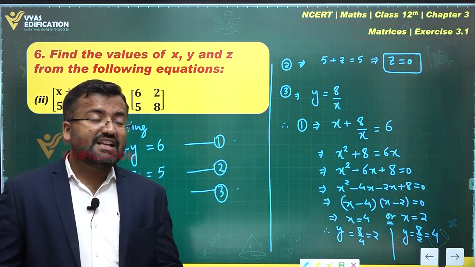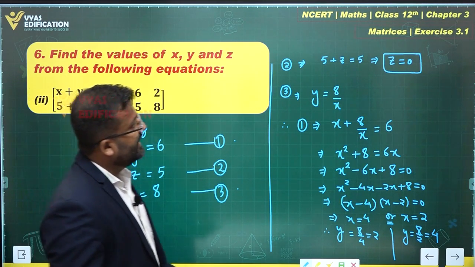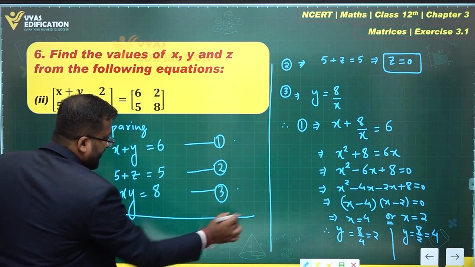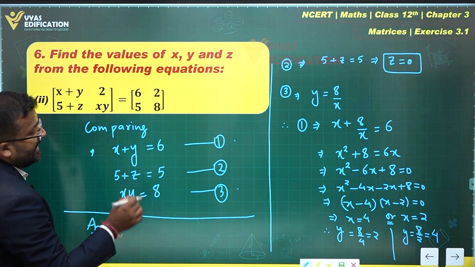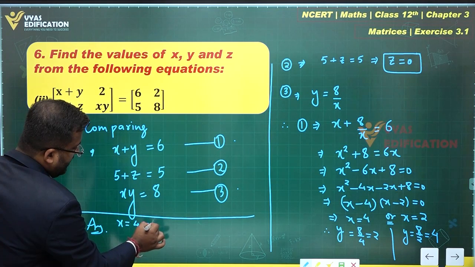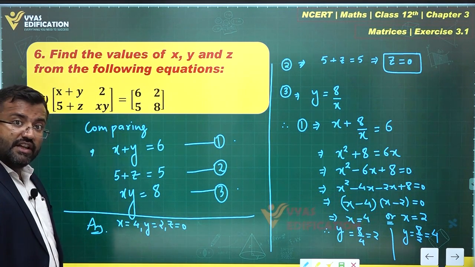So the possible answers for this particular equation, can I write those possible answers? Yes. Let me write the answer over here. Answer is x equals 4, y equals 2, z equals 0. This is one of the possibilities.